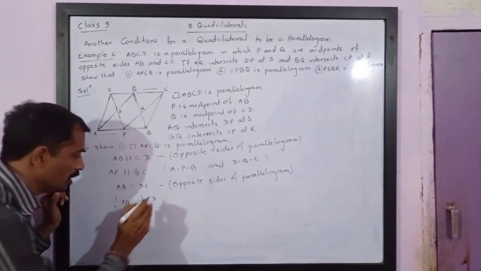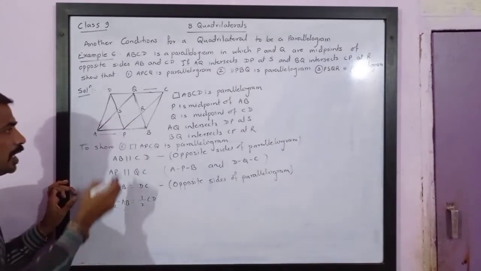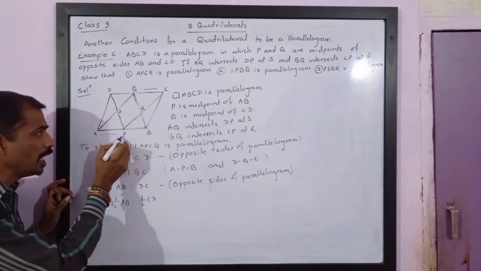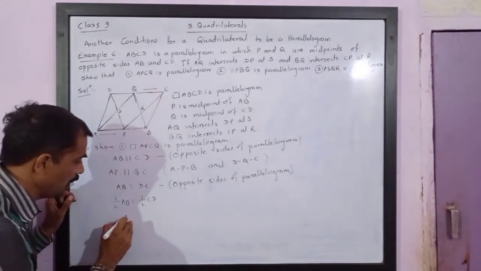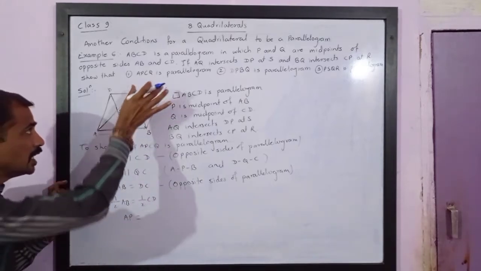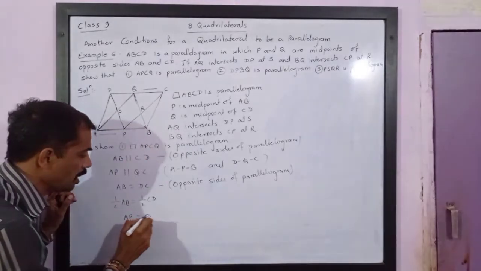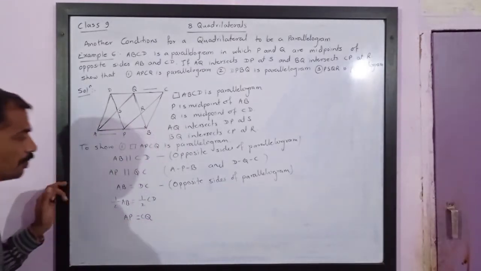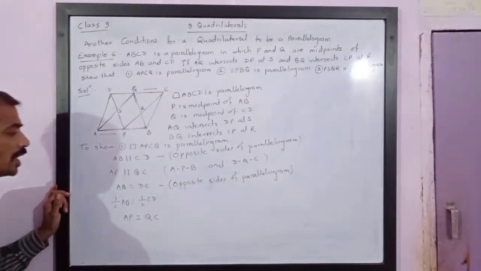Watch carefully, I have halved both sides. Now half AB is nothing but AP, because P is the midpoint. So AP is equal to half CD. Half CD is CQ, because Q is the midpoint. So AP is equal to QC.